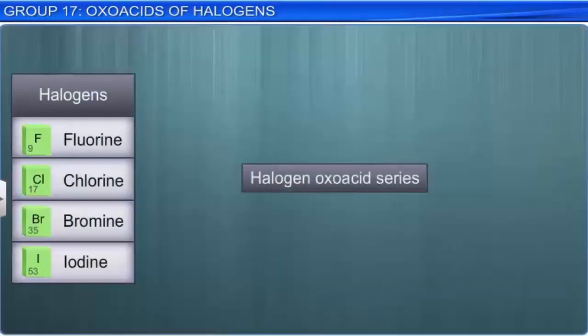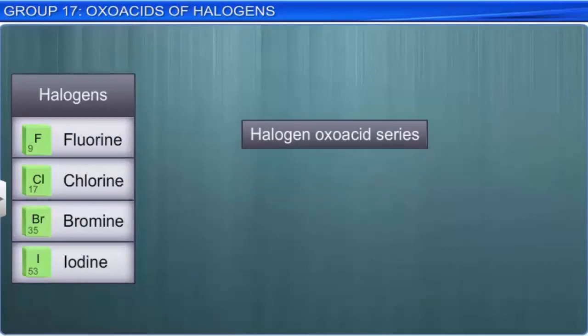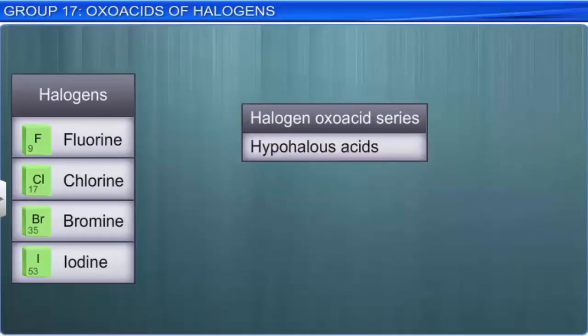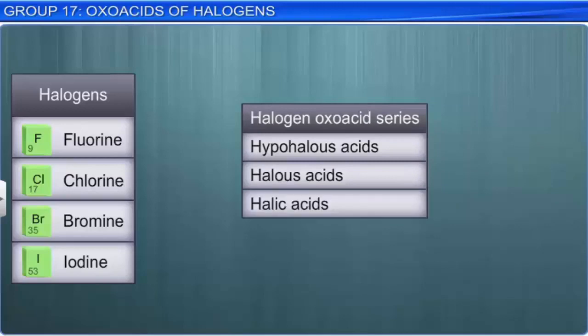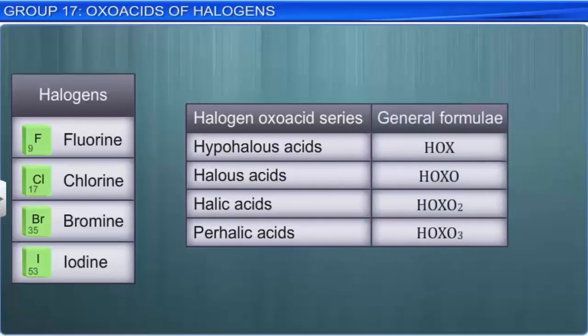Halogens usually form 4 series of oxo acids, namely hypohalous acids, halous acids, halic acids, and perhalic acids, which are represented by the general formulae HOX, HOXO, HOXO2, and HOXO3, as shown here.